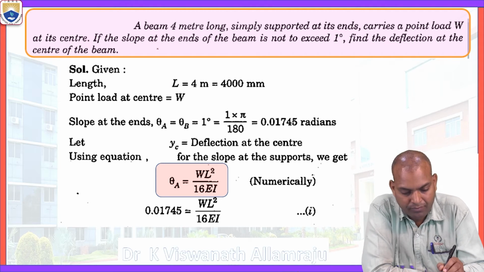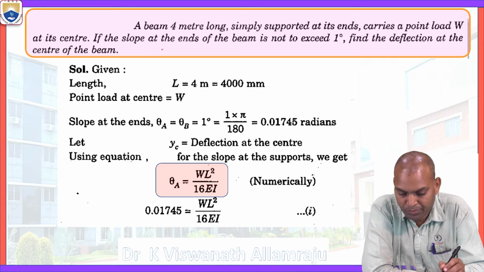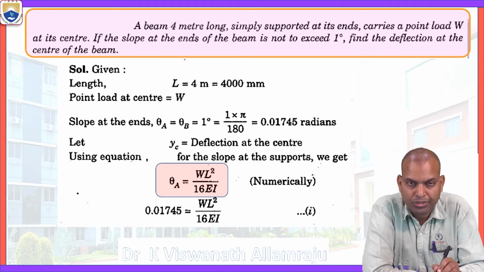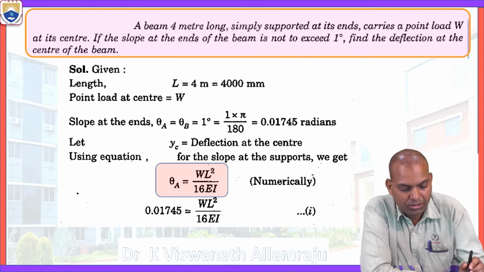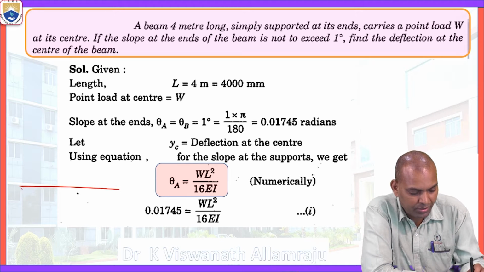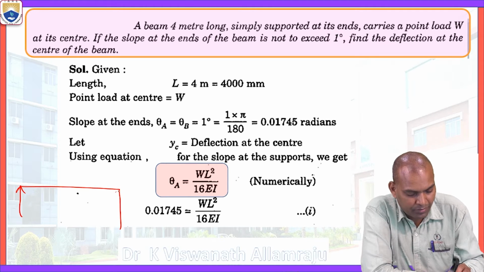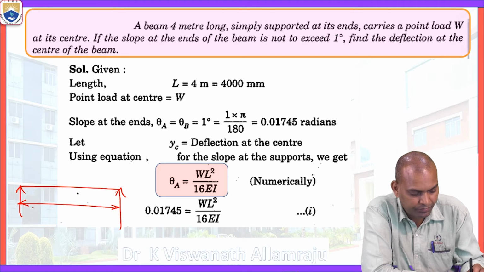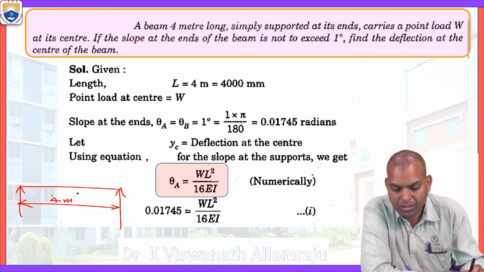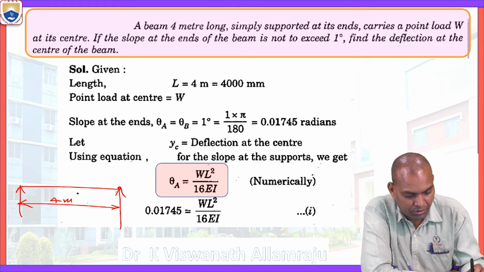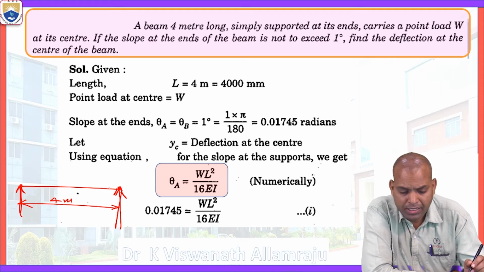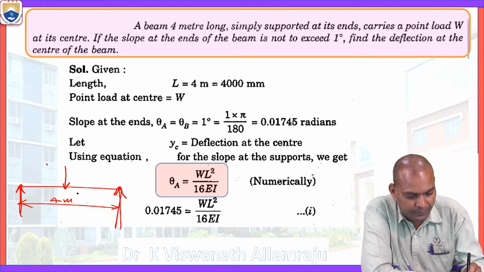Here is a problem for a simply supported beam carrying a point load at the center. Case study: a beam of 4 meters long, the span of the beam is 4 meters, simply supported at its ends, carries a point load W at its center.